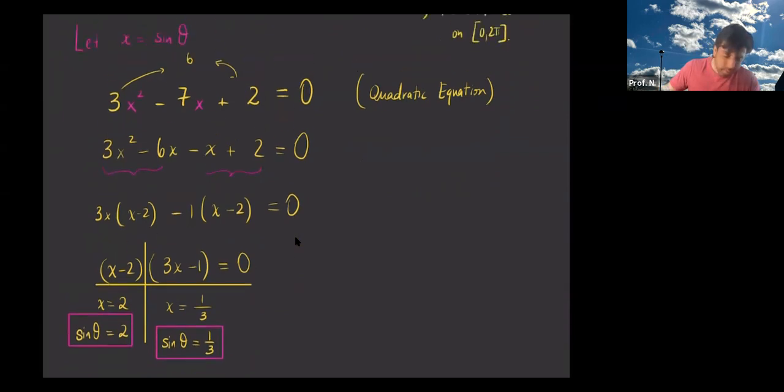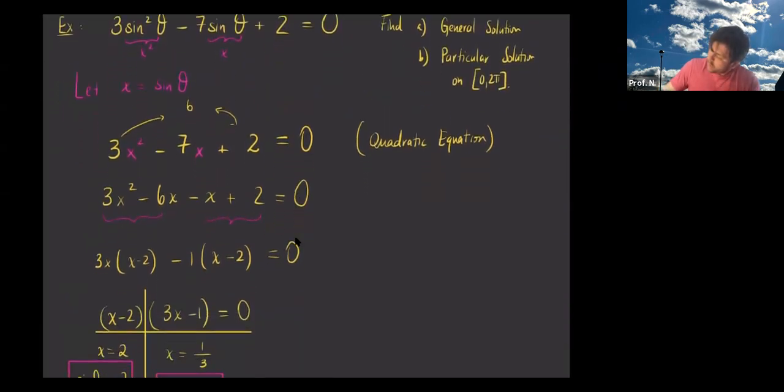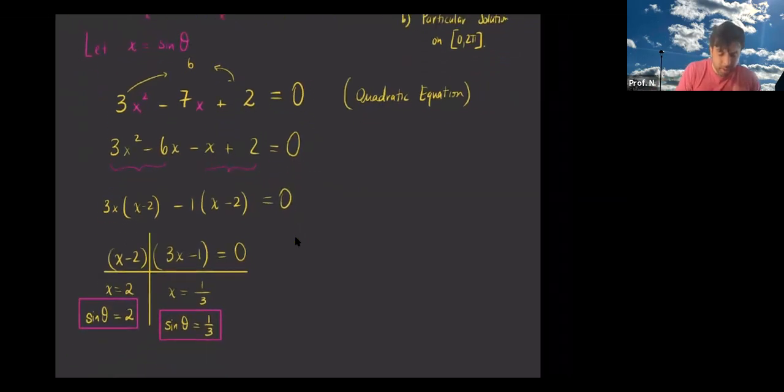Trying to check if I wrote everything correctly. 3 sine theta. Looks like I did. Okay, so once we have this here, we have to check each of these equations individually. So what's my first equation? Sine theta equals 2. And what's my second equation? Sine theta equals 1/3.